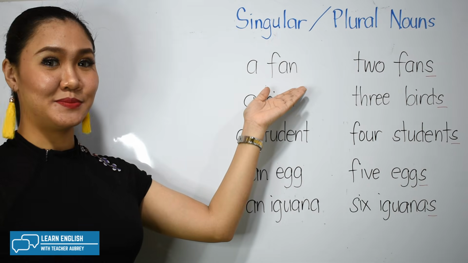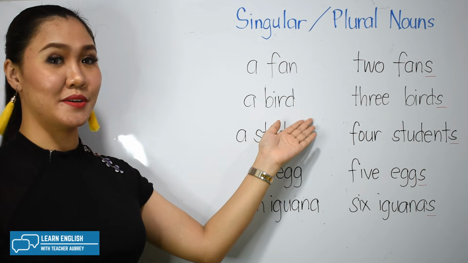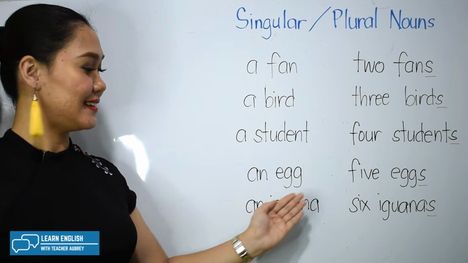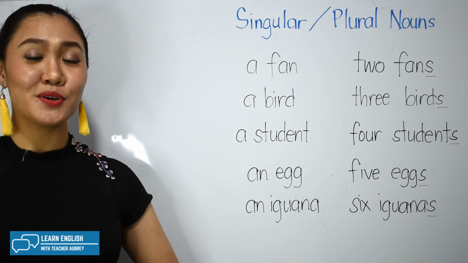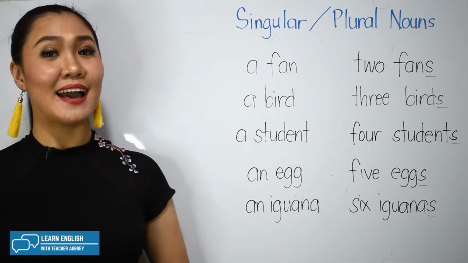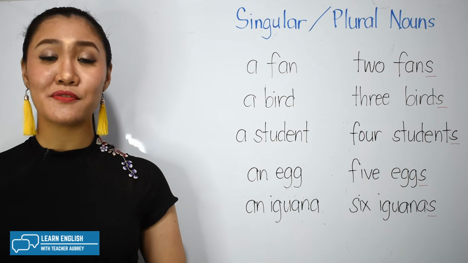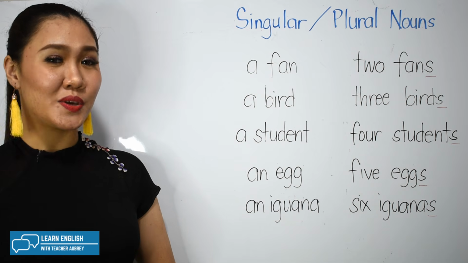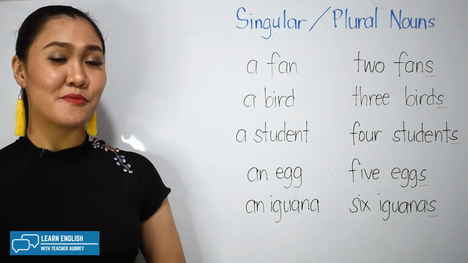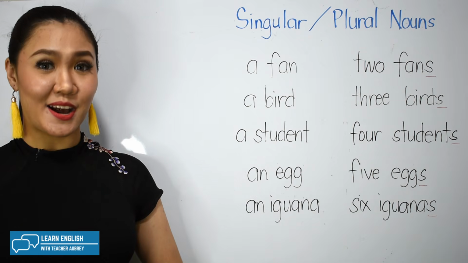A fan, a bird, a student, an egg, an iguana. If you could still recall from our last lesson, a or an is an indefinite article that we add for singular nouns. We add them for only one noun.